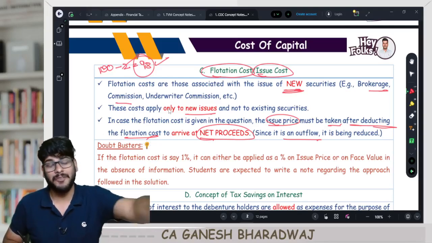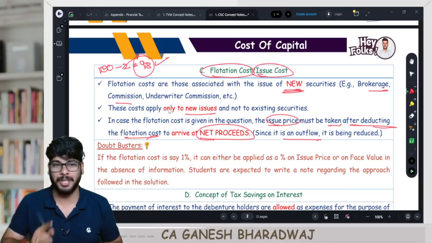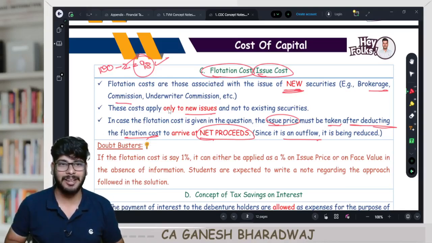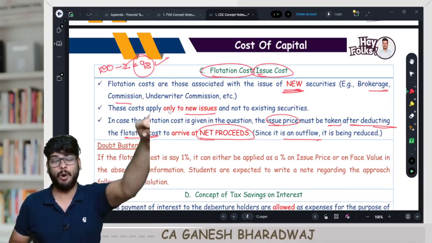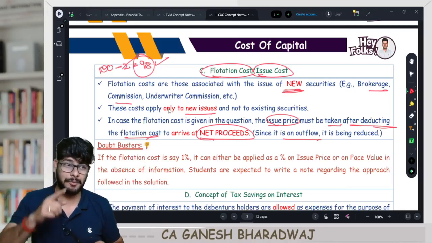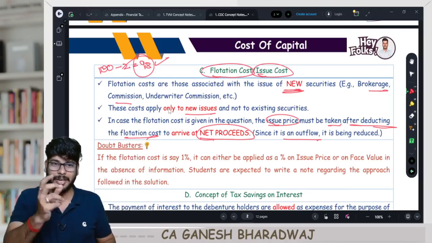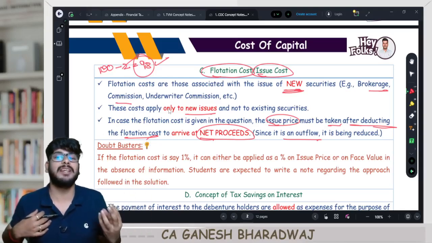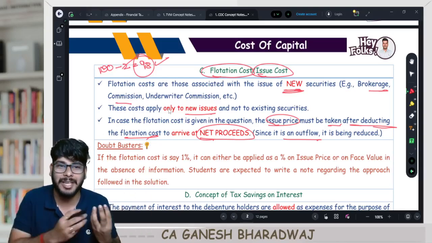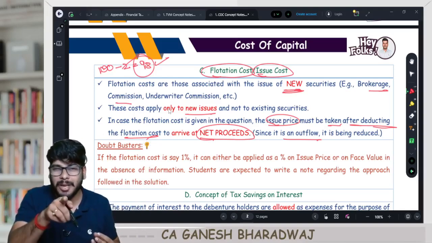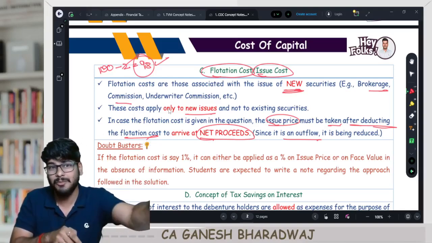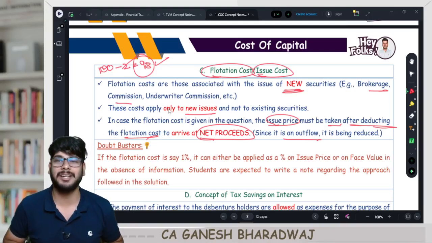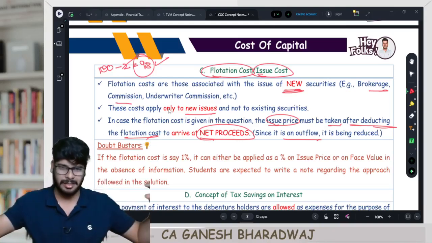From an investor perspective, you would have paid the company 100, so the initial outflow was 100. But look at it from the perspective of the company. When I am calculating, I take my net inflow as only 98 rupees and do all my calculations. So my cost will be slightly different from your return. So I told you the general thumb rule is what?